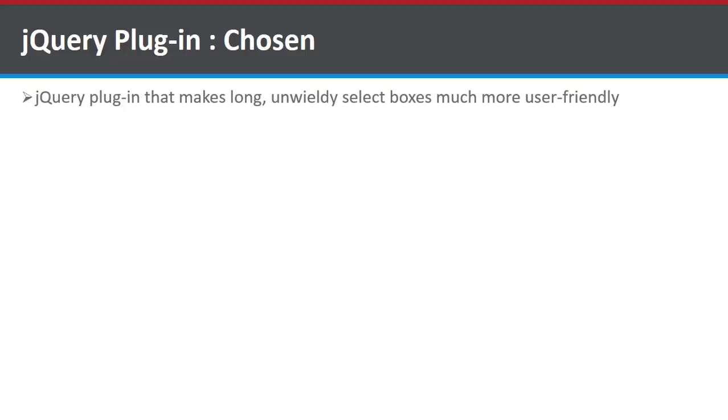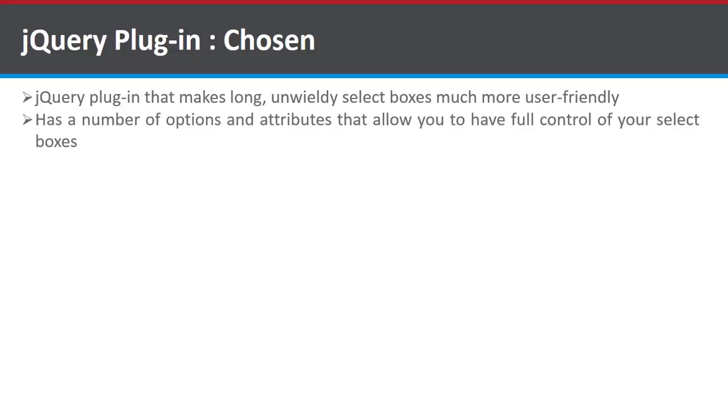Now let's see widely used jQuery plugins for web application. The number one is Chosen. Chosen is a jQuery plugin that makes long, unwieldy select boxes much more user-friendly. It has a number of options and attributes that allow you to have full control of your select boxes.